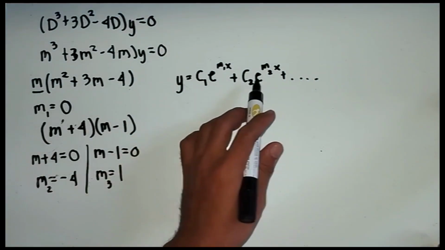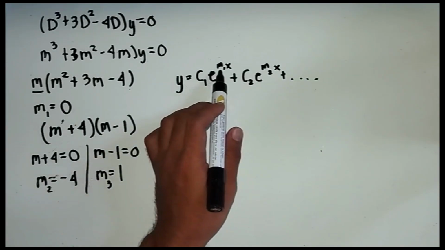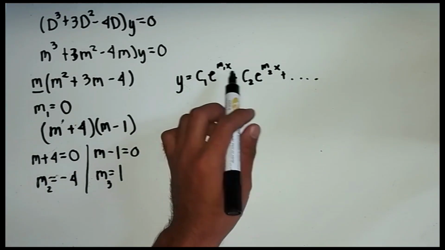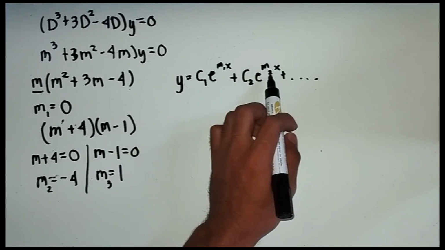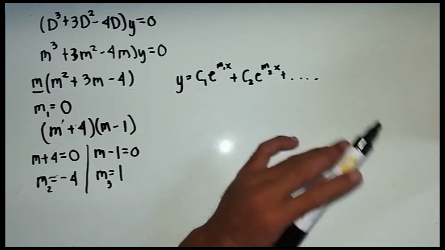We just add 1 each time, so the next one would be m sub 3, and so on.